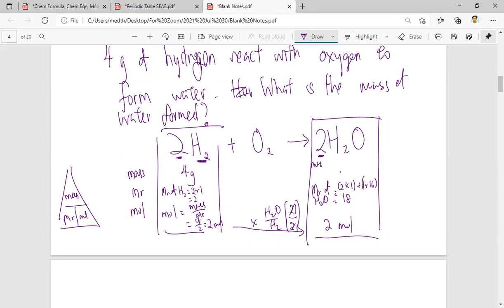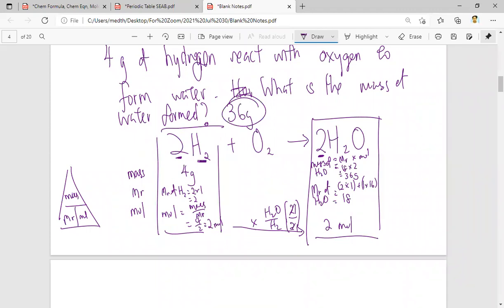The mass of H2O equals the MR times the mole. So I take the MR multiplied by the mole, which is 18 times 2. I'll get 36 grams. So therefore, what's the mass of water formed? It's 36 grams. Okay?